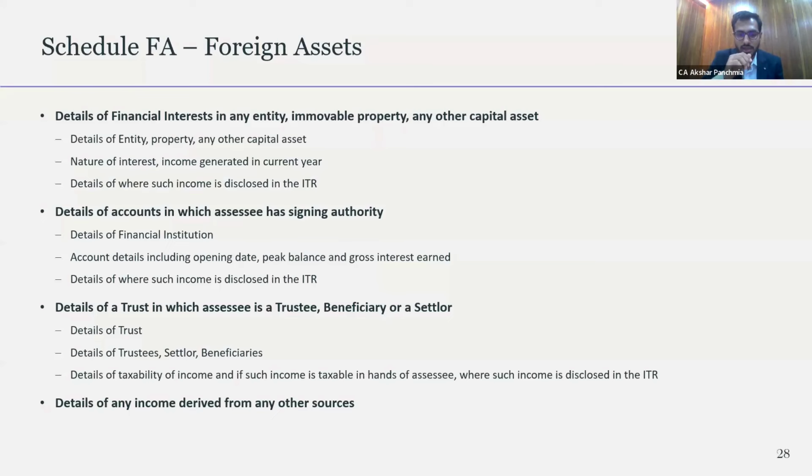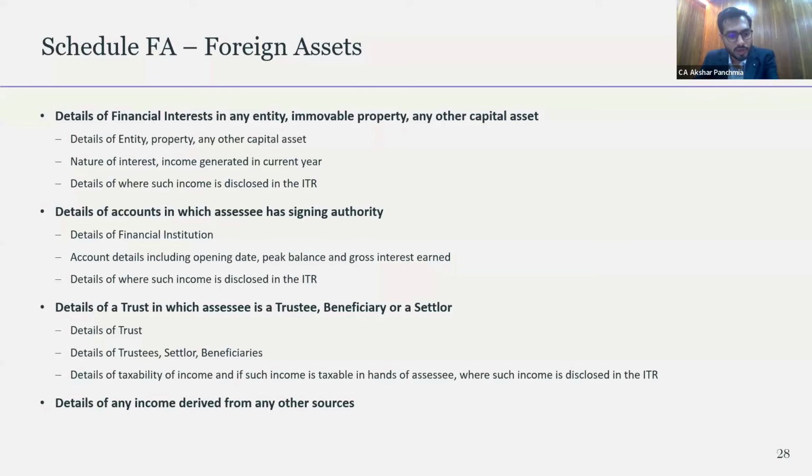In that case, whether the income from such trust is taxable in your hands is also to be mentioned. How much income is taxed and where such income is disclosed in the ITR is also to be mentioned. All of these till now related to some or the other asset held outside India.